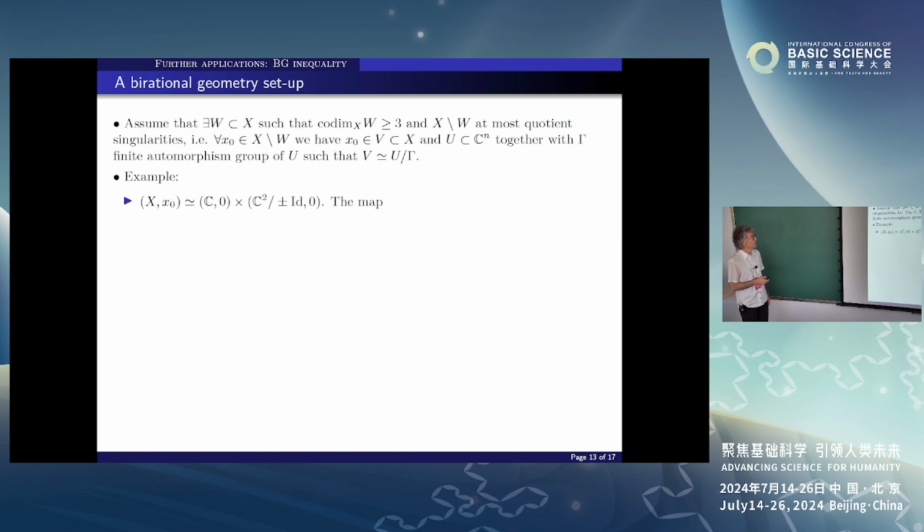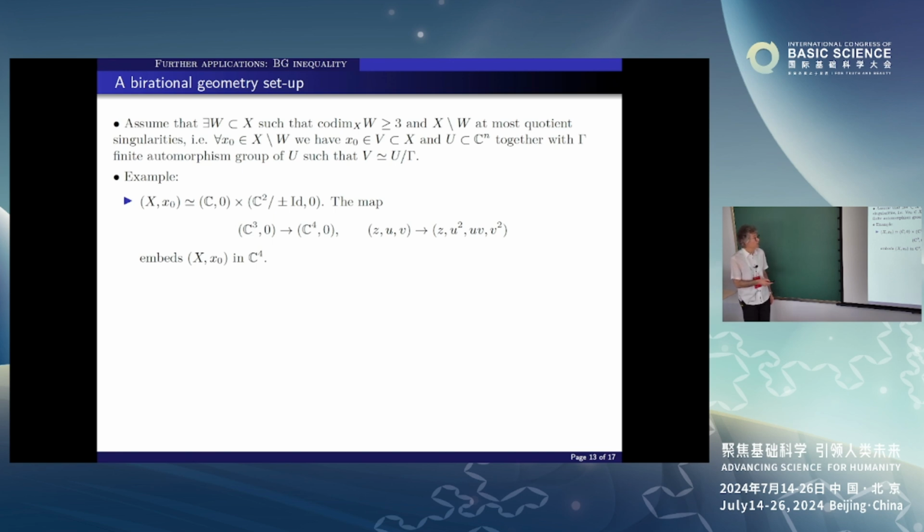And so here, this is an example showing that maybe the metric we are usually considering on these spaces is not the right one, in the following sense. Let's look at this very simple singular set where you have C2 modulo plus minus the identity. And then the following map embeds X into C4, right?